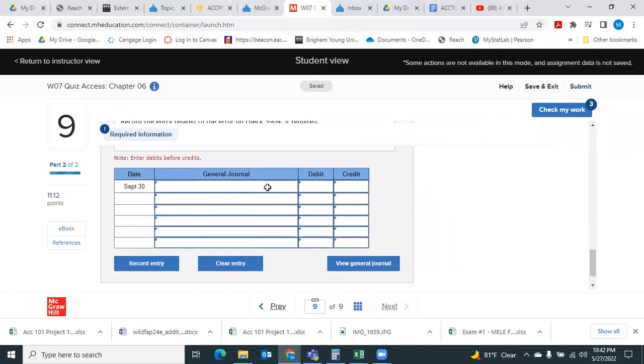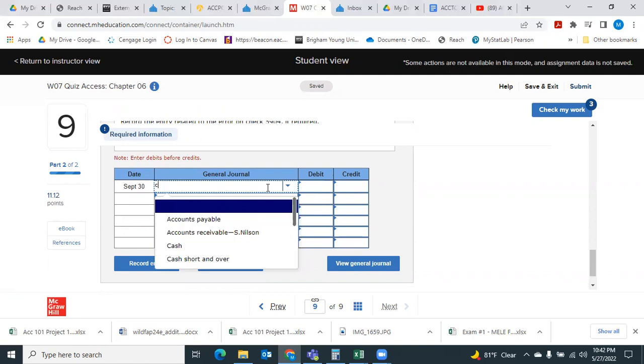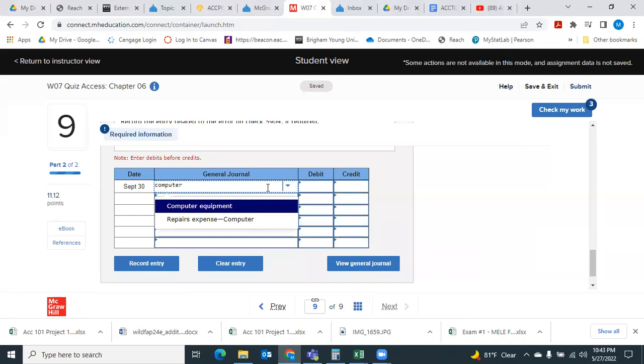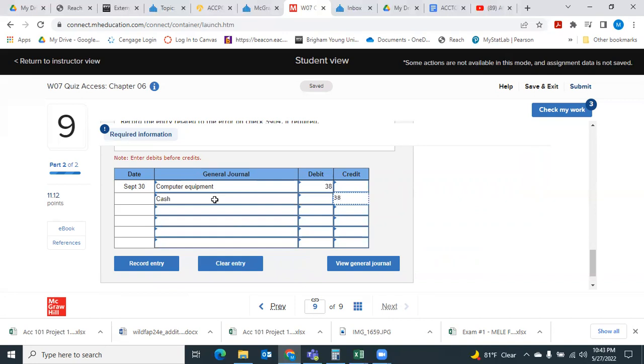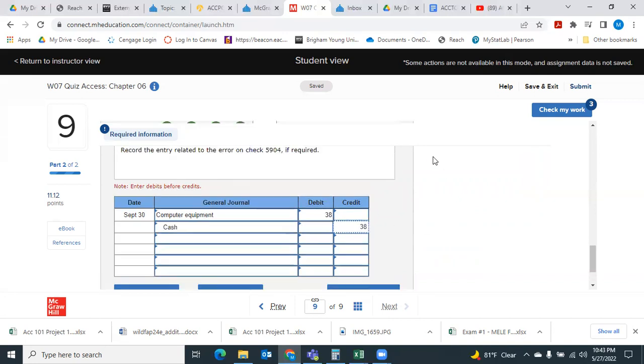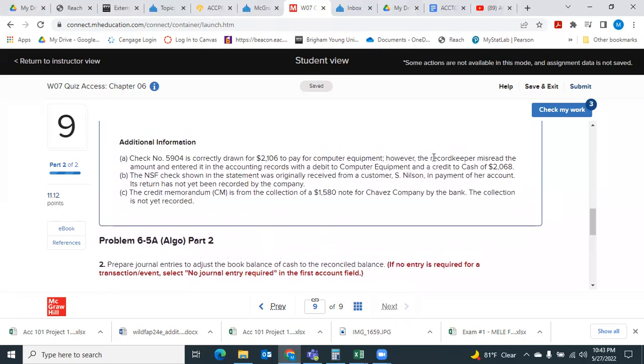And we would recognize that the cost of our computer equipment is $38 higher than we thought it was. And our cash is $38 less than we thought it was.